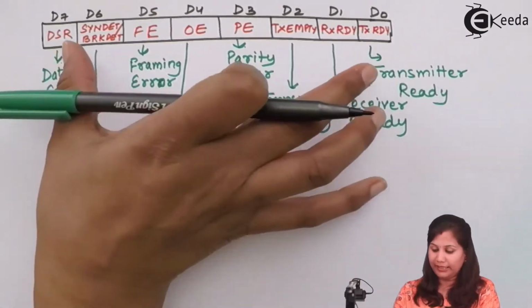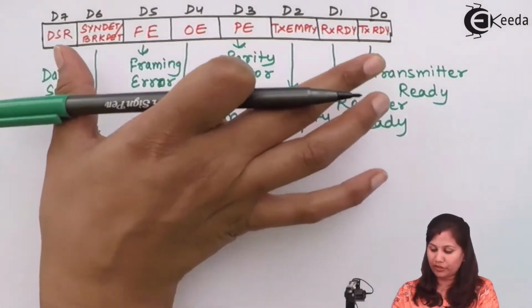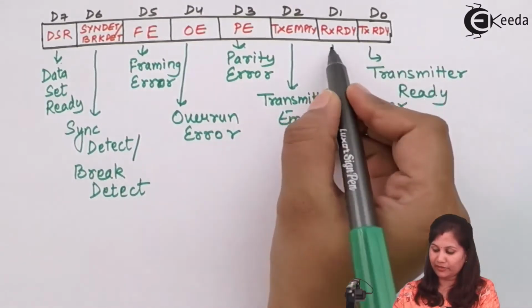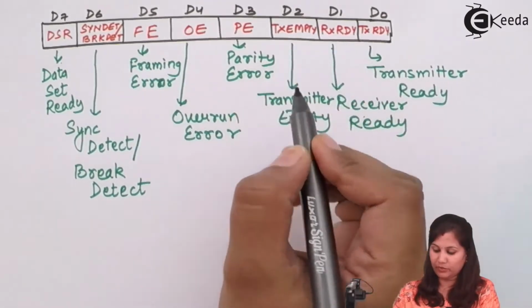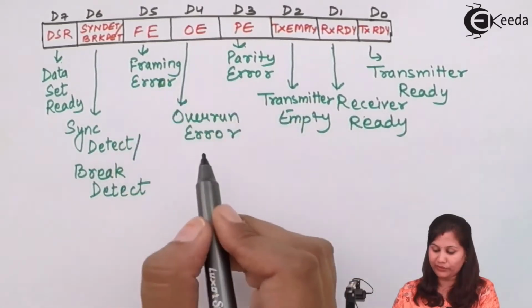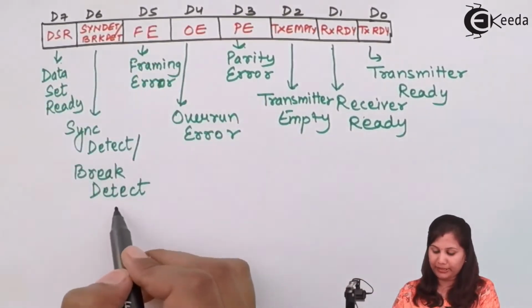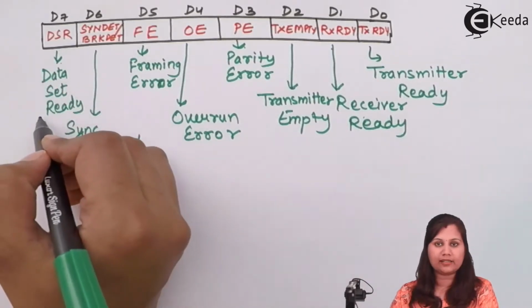So these are the 8 bits of the status word: TXRDY, transmitter ready, receiver ready, transmitter empty, parity error, overrun error, framing error, sync detect or break detect, and data set ready.